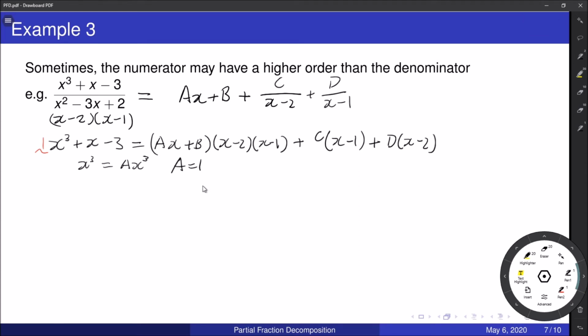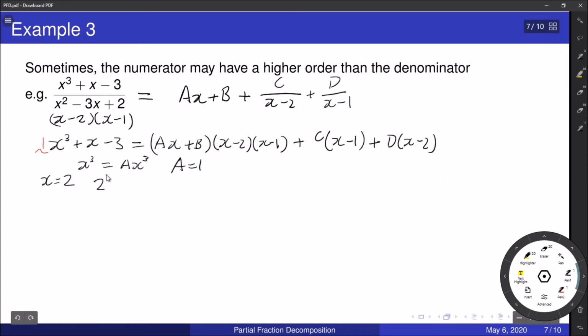And then we can use the method we used previously to find what c and d are. To find what c is, we make x equal to 2, so we can eliminate everything else, because 2 minus 2 is 0, so this disappears.